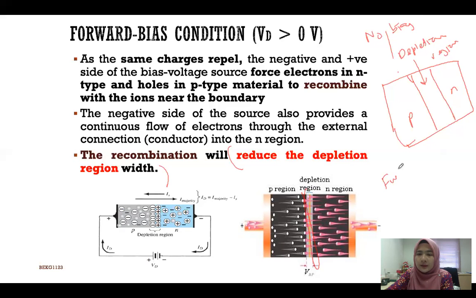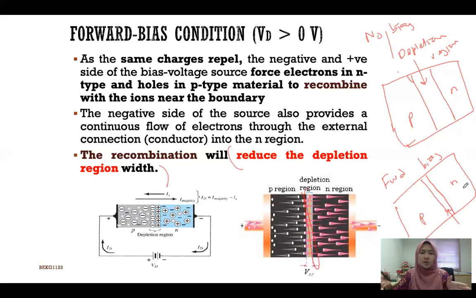For a forward bias, you have something like this. This is the P-type, this is the N-type, and the depletion region here is now reduced. The width of the depletion region is reduced in forward bias. So this is the difference between no bias and forward bias.